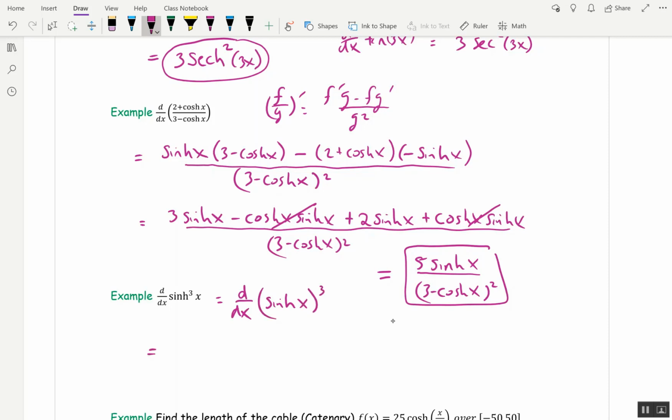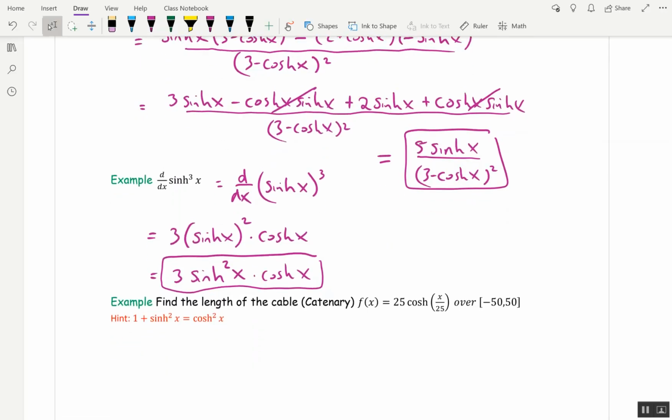So that's going to be derivative of the outside, bring the 3 down, leave the sinh x alone, new exponent is 2, and then multiply by the derivative of the inside, which is cosh x. And you can leave it like that, so MyOpenMath accepts answers like that, or you can rewrite it as sinh squared x cosh x. Either or is fine.